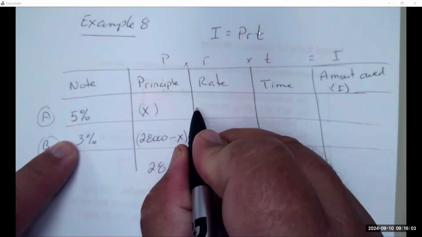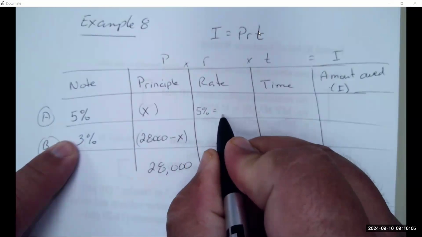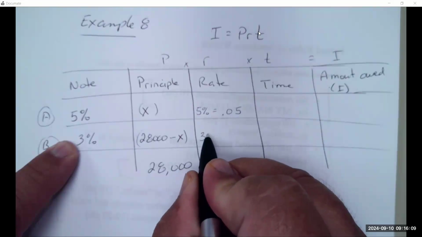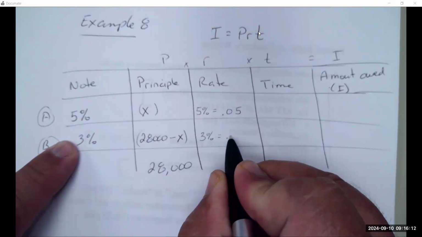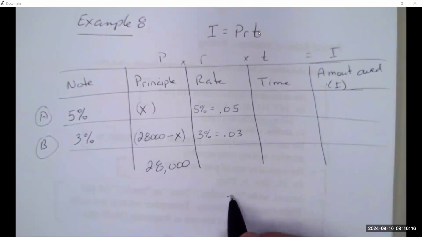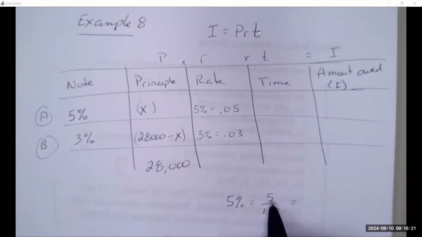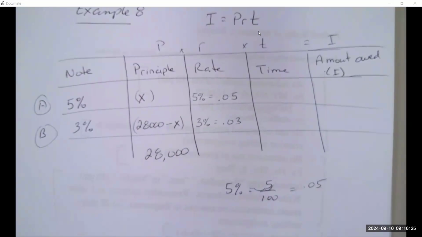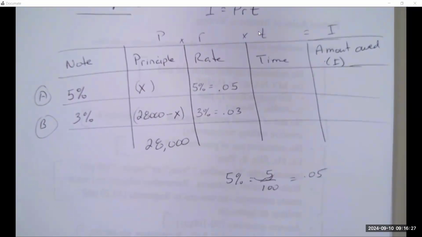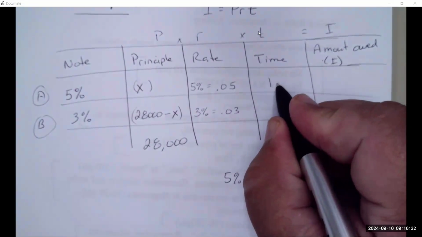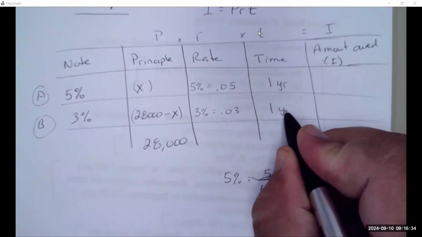The rate, 5% equals 0.05. 3% equals 0.03. Because remember, 5% is 5 over 100. So move decimal 2 to the left. So you have 0.05. How long do we keep them? 1 year.